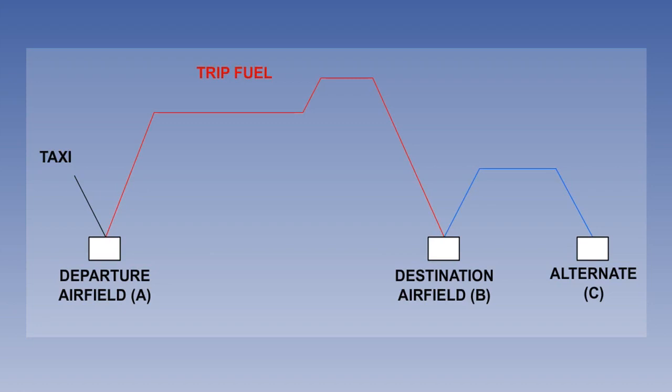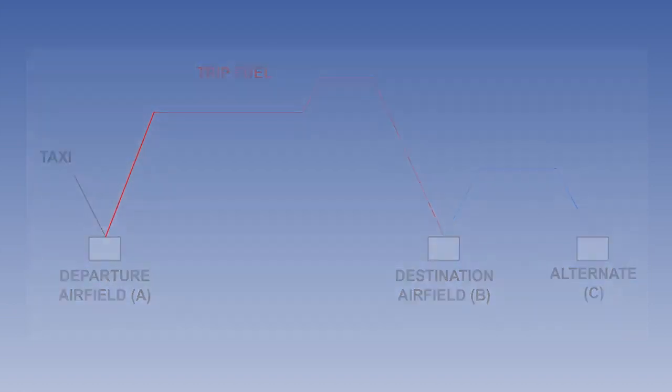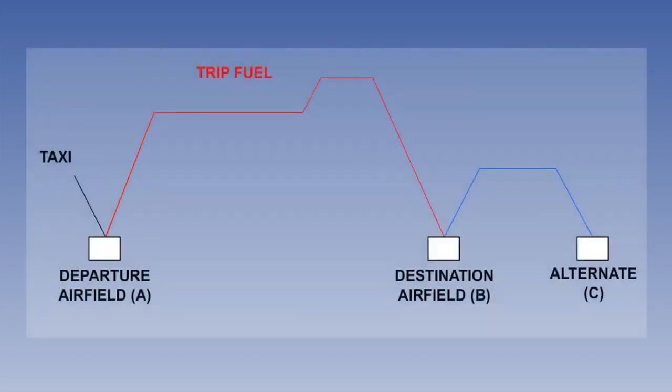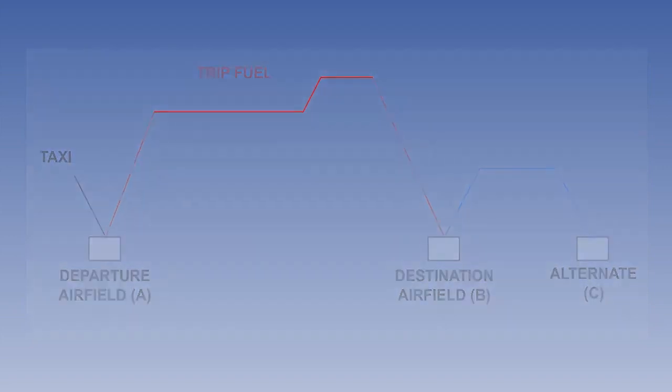We will now consider trip fuel. First, calculate the fuel required from takeoff, then that required to carry out the instrument departure procedure and to climb to the initial cruising altitude. To this is added the fuel required from top of climb to top of descent, including any step climbs in between.